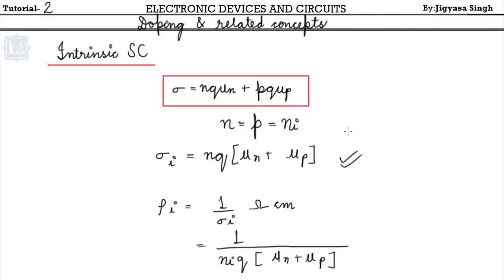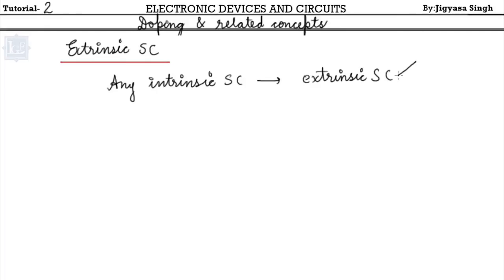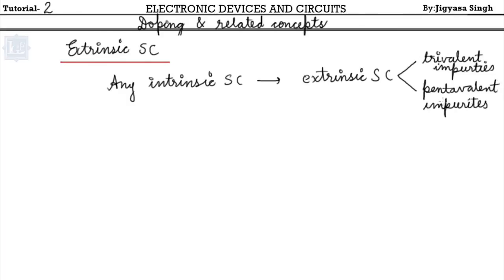Now let's move on to the extrinsic semiconductor. We can make any intrinsic semiconductor into extrinsic by adding two types of impurities. One is trivalent impurities and the other is pentavalent impurities.